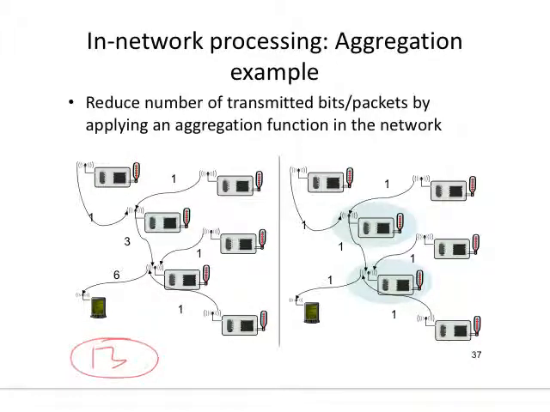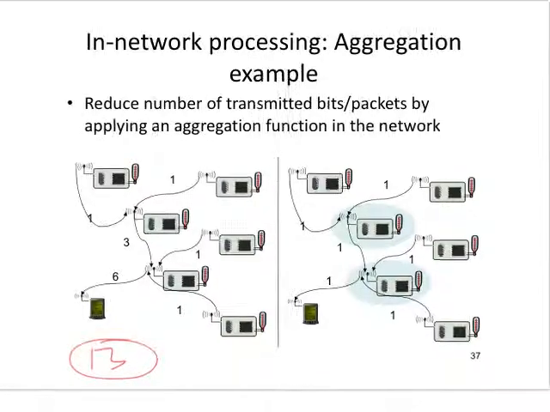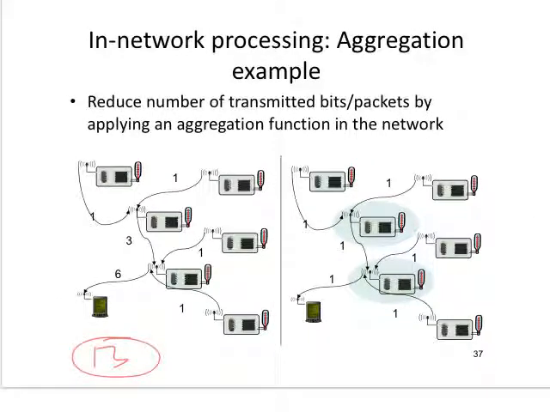If we use aggregation or merging, we can simply say, I received 1 here, 1, 2, and I will send 1 here because I merged this with the one that I have. And I merged this with this one, and I send only 1 message. That makes it 1, 2, 3, 4, 5, 6. So here I have 6 messages. What is the saving?